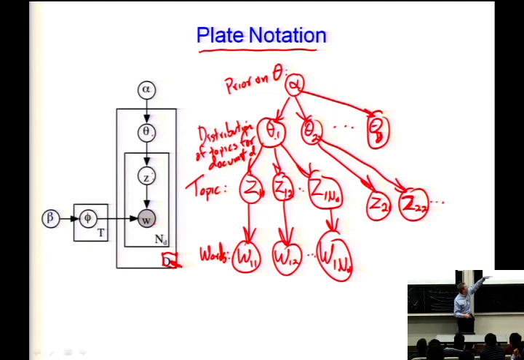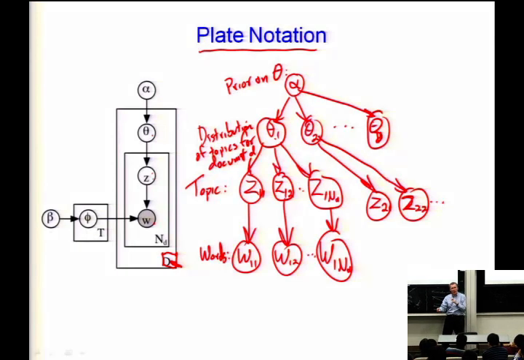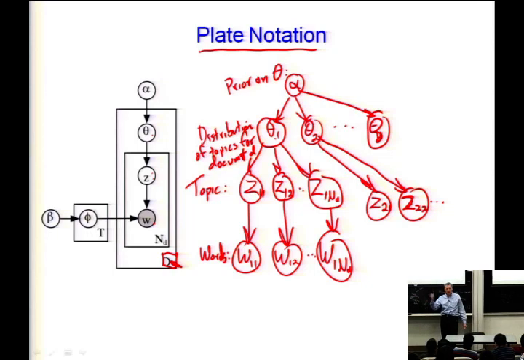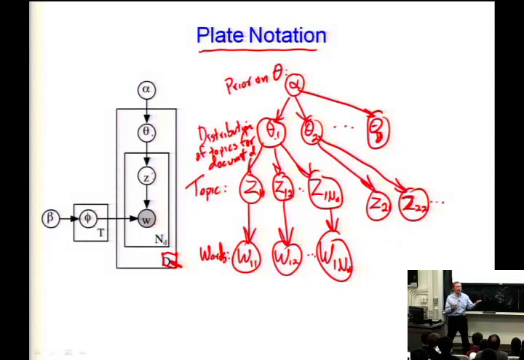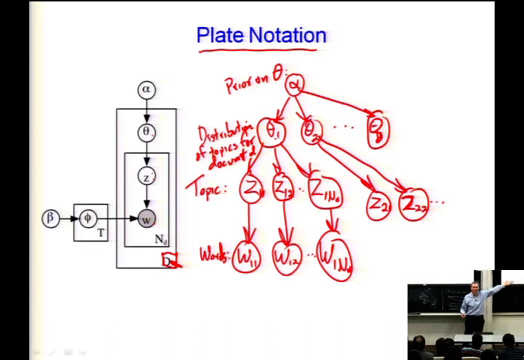Now I want to generate word number 2. I go all the way back up to picking a new Z. I'm stuck with this theta because I'm still inside the document. I use the same theta throughout the document, but theta is a distribution on topics, so each time I generate a word, I draw a Z value from theta, and then I draw a W given Z. I'm just saying what you already knew, because you know how to write down the joint distribution for an arbitrary BayesNet graph.